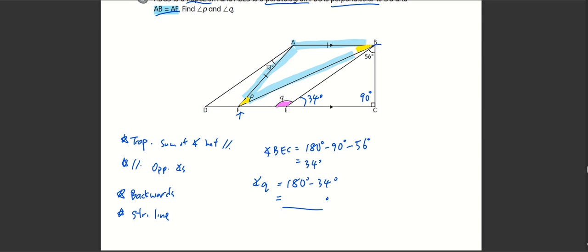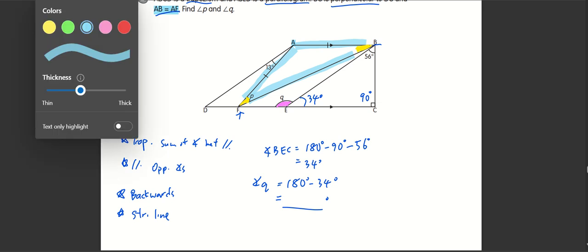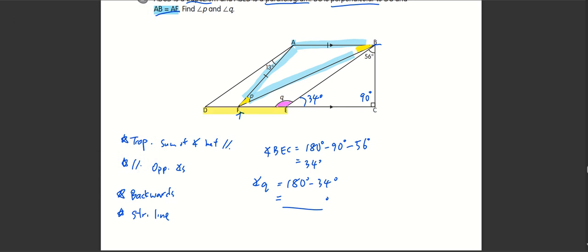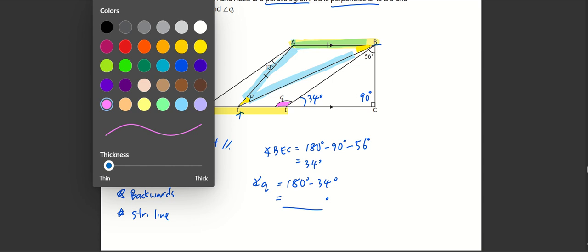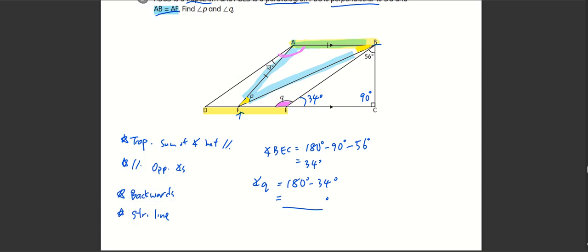So because I have angle Q, I move on to the next step, which uses the parallelogram, which I can highlight the parallel lines DE and AB, because ABED is that particular parallelogram being referred to. So which means I can use P here, because this Q, I'm going to indicate here.